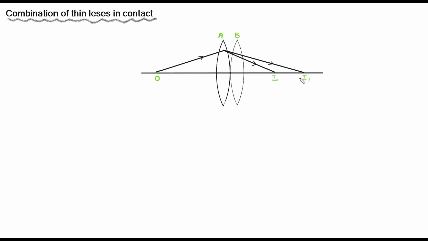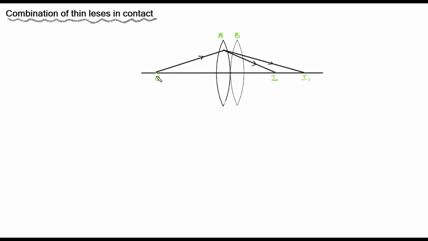Like in the lens maker's formula we had discussed refraction through 2 surfaces, the image produced by the first surface acts as a virtual object for the second surface.